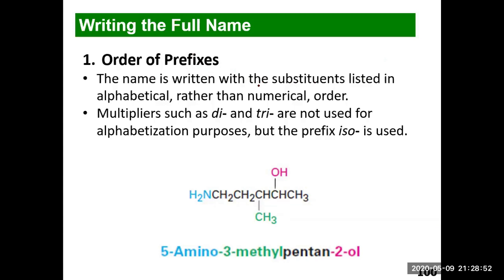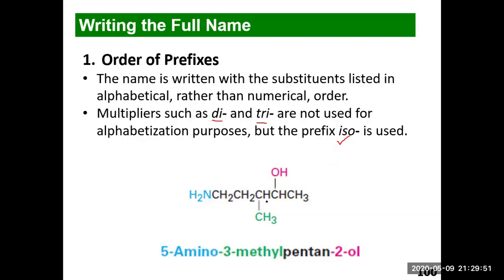The names of the substituents for polyfunctional organic molecules should always be written in alphabetical order. Now remember, if there are substituents that are the same, then we have to use multipliers such as di and tri. Remember as well that these multipliers are not used for alphabetization, but the prefix iso is used for alphabetization. All right, let's try to look at this molecule.